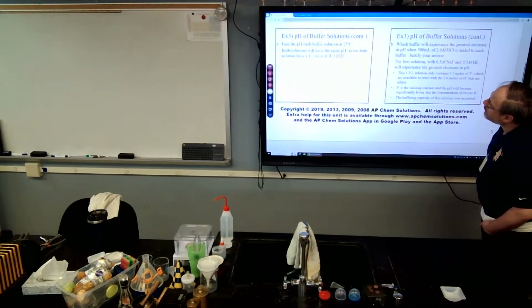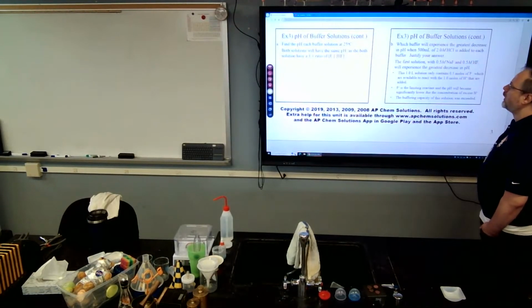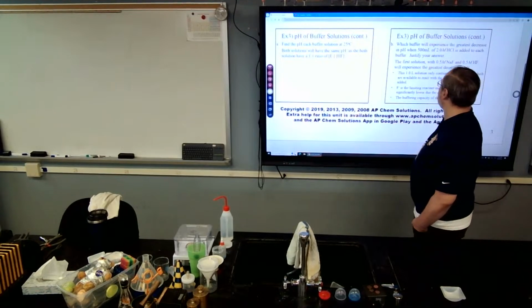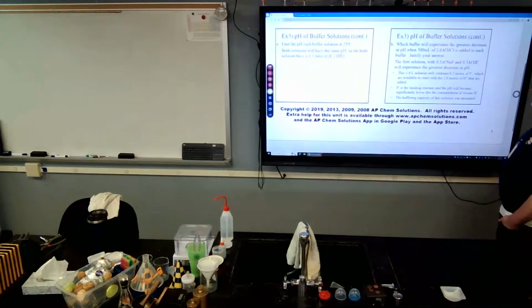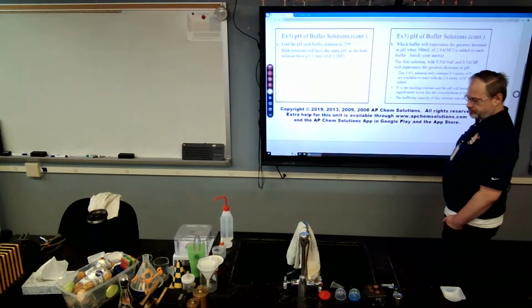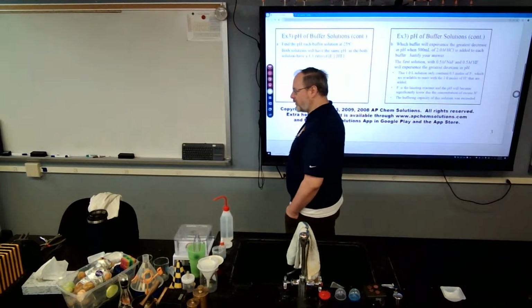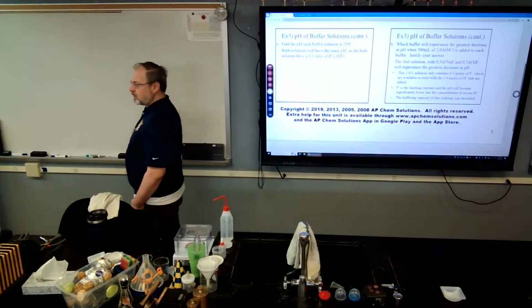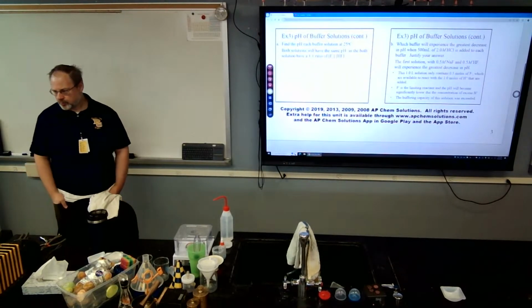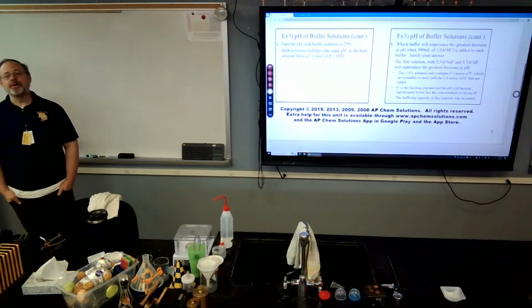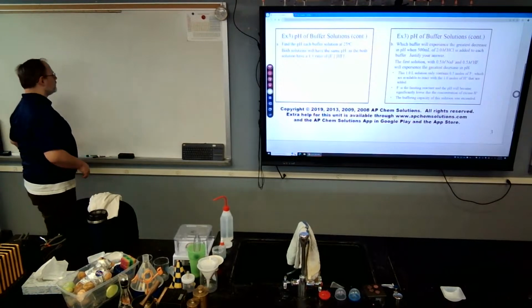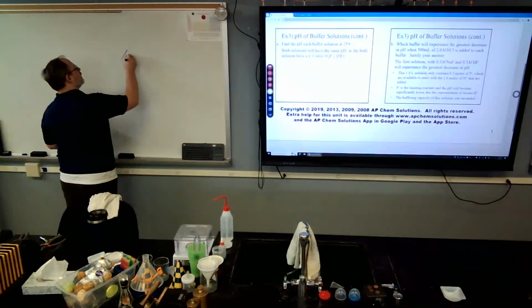Right. Okay. Here's the important thing. Buffers work by absorbing extra protons when acids are added, or releasing extra protons when bases are added. And the reason the pH doesn't move very much is because the ratio is a logarithm.